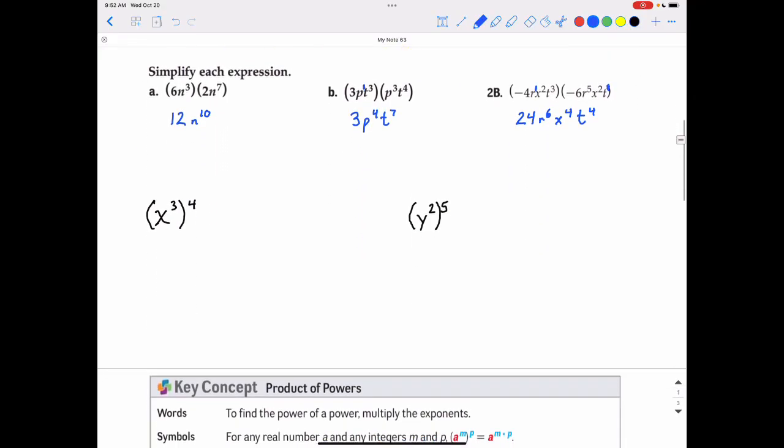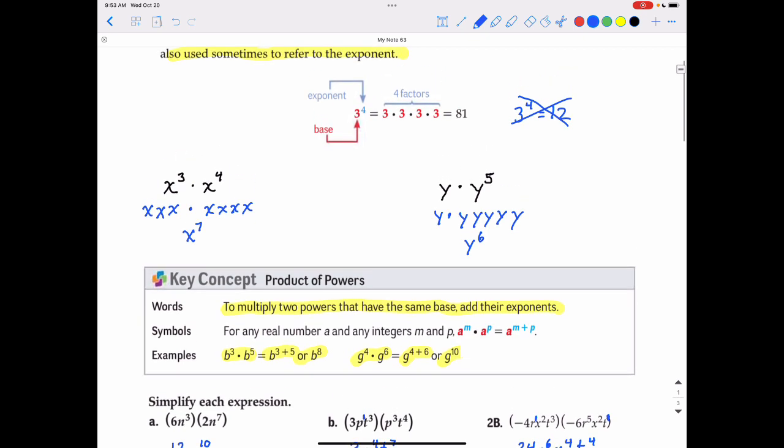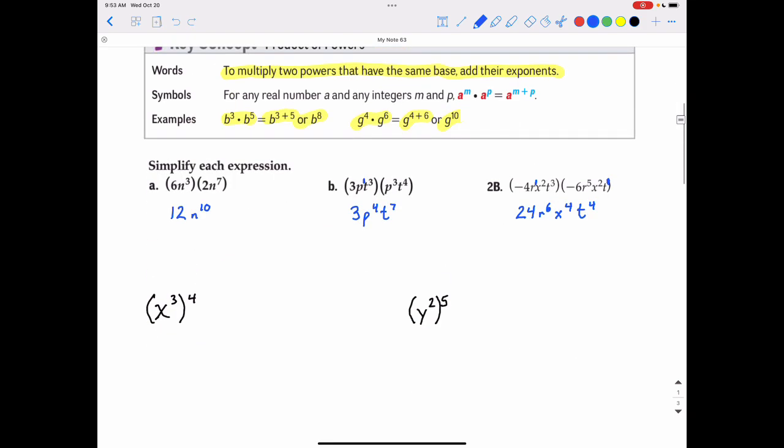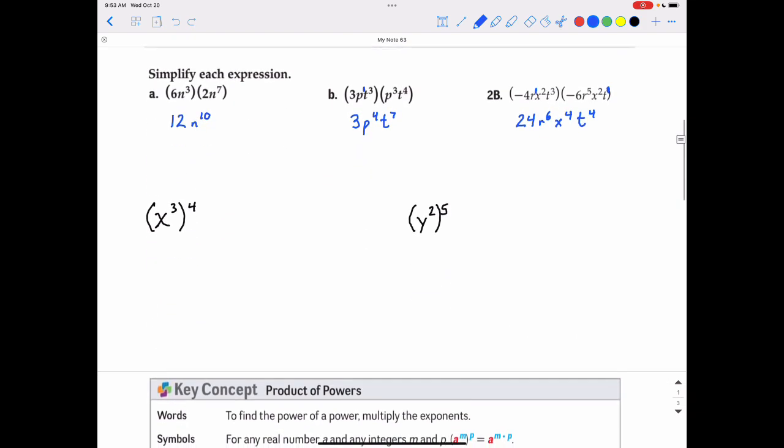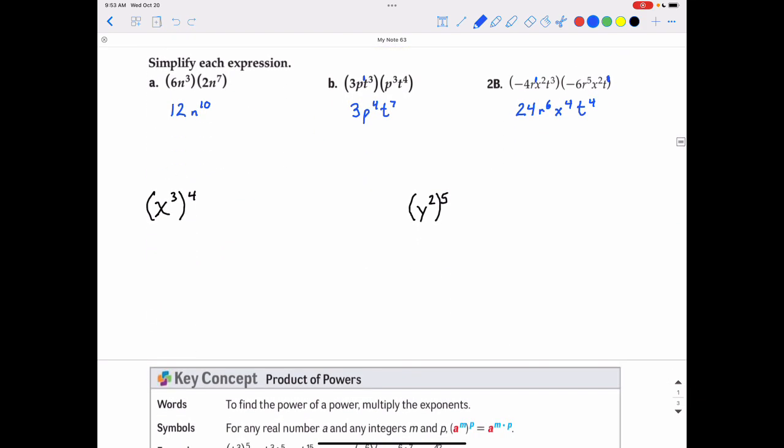Down here, it says x to the third to the fourth power. Notice this is a little bit different than what we did at the top, where it was x to the third times x to the fourth. This one is x to the third to the fourth. Well, x to the third to the fourth would mean that you have x to the third times itself 4 times.